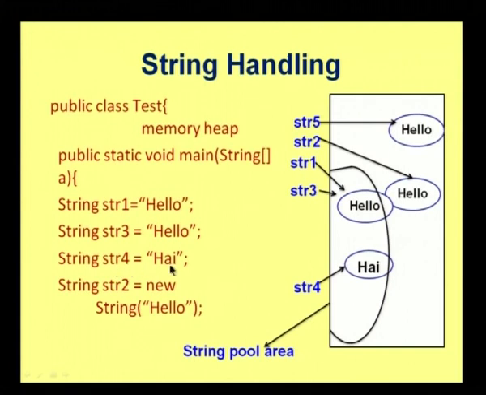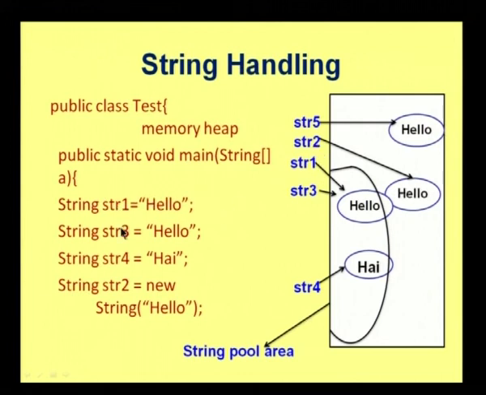Here for string 4 we have assigned a value hi, and then automatically another new string memory is allocated for the string variable and it is assigned. Then I have a new str2 where I am allocating memory. Here we have the new operator and I am trying to create a string with the same value, but in this case a new memory will be allocated and then it will be assigned to the variable str2.